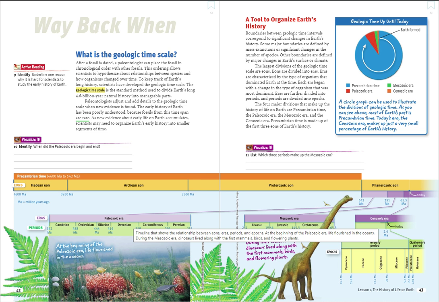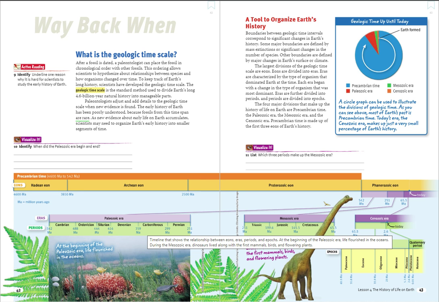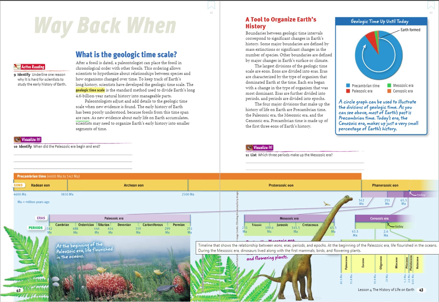Sorry for that. Now it starts with the Cambrian, Paleozoic era. It starts with Cambrian, Ordovician, Silurian, Devonian, Carboniferous, and Permian. And we can say that the Paleozoic era starts at 542 MA and ends at 251 MA. That's the beginning and the end of the Paleozoic era, 542 and 251 MA, definitely.